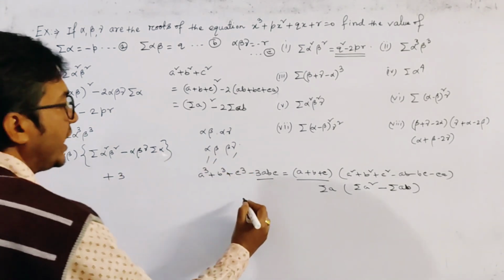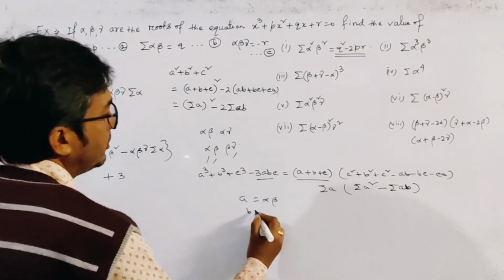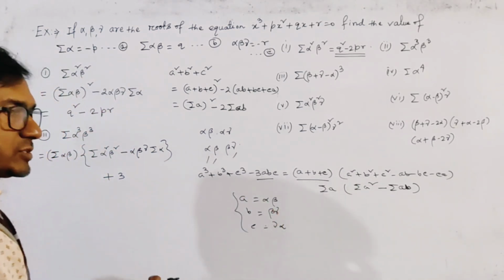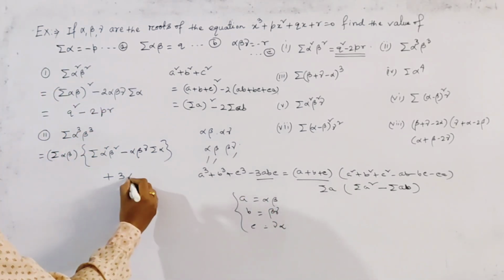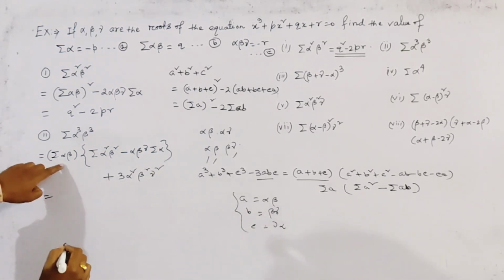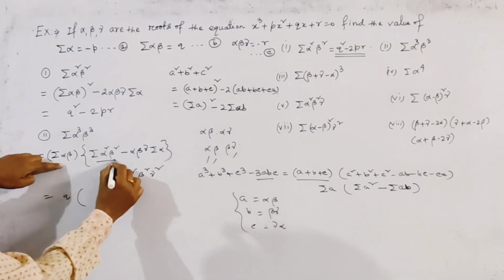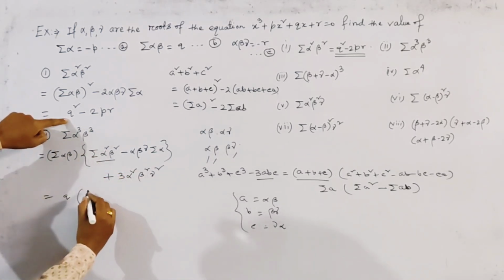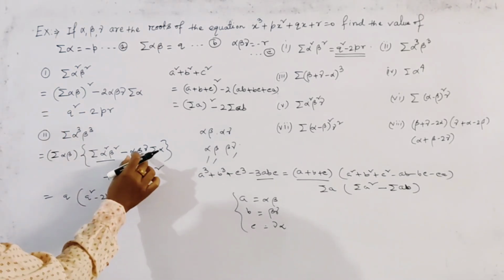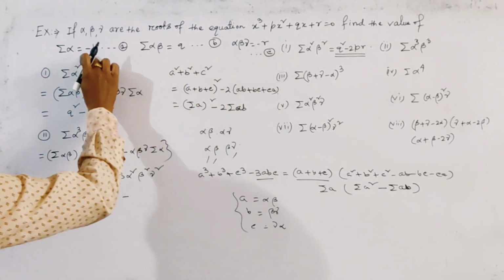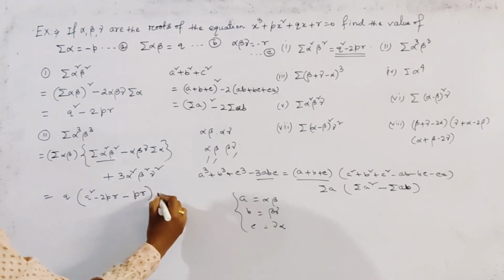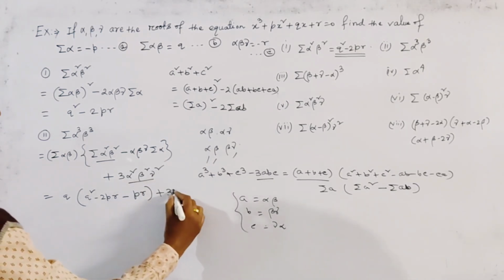Here a means alpha beta, b means beta gamma, and c means gamma alpha. So clearly abc means alpha square beta square gamma square. So we get 3 alpha square beta square gamma square. Getting the result, this is given by q, and this we already found: q square minus 2pr using the first relation, minus alpha beta gamma, which means minus r and minus p, so we get pr, plus 3 r square.